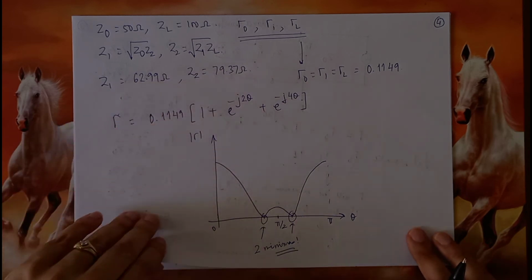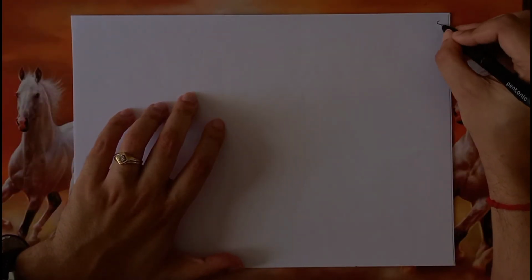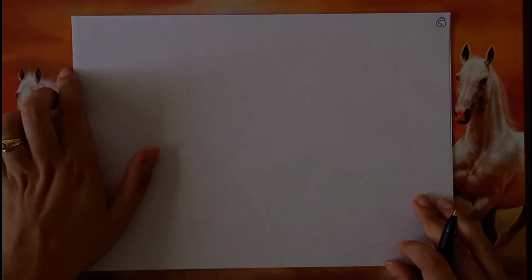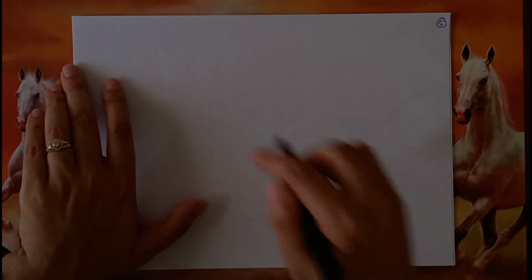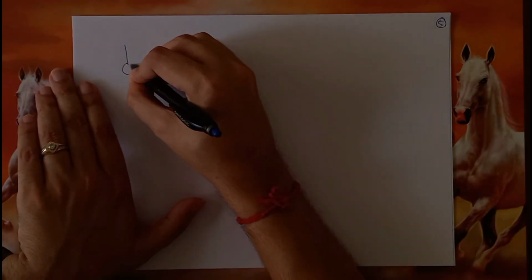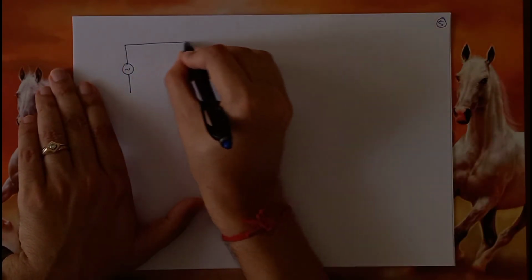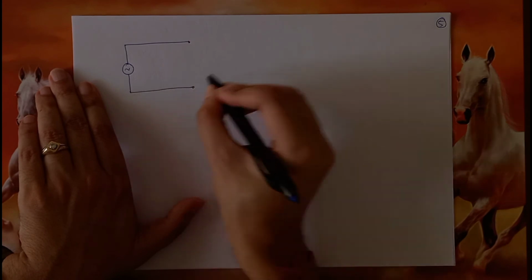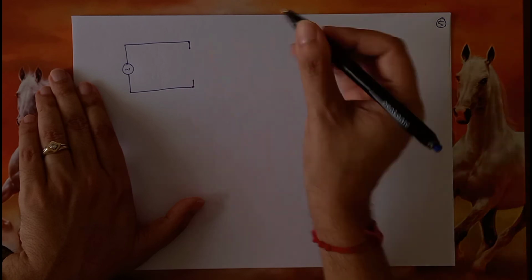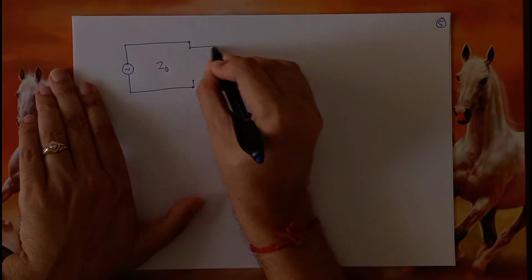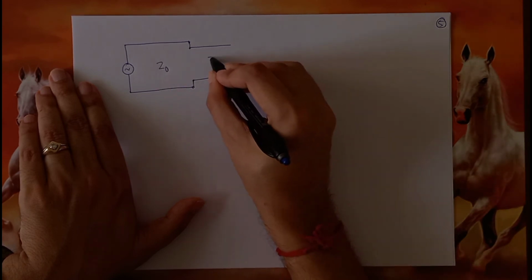Now let us take one more example. Let's go one step further. Let us go for the case where we have three transmission lines between the main transmission line and the load. So therefore, let us say this is our main transmission line Z0. We have Z1.